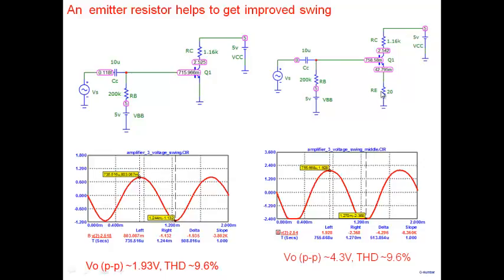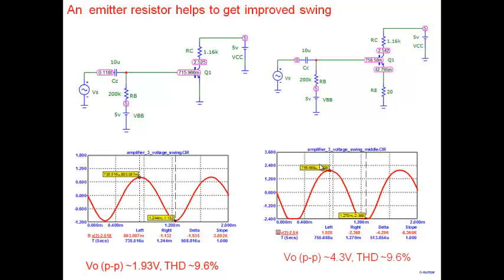Look at that, a small resistor, just one resistor, and that too 20 ohms, and you put it into the emitter, and look at what it has done. 4.3 versus 1.93. Small changes in the circuit can result in very, very large changes in performance. So why does it occur? We'll see in a minute. Probably we don't have enough time for today. But look at what that 20 ohm resistor has done.